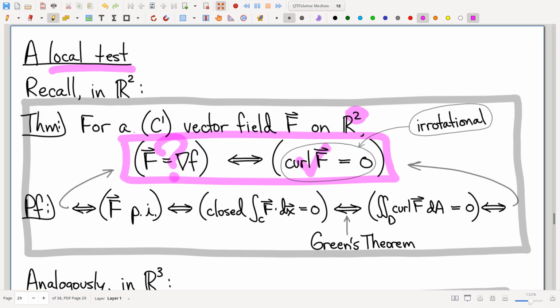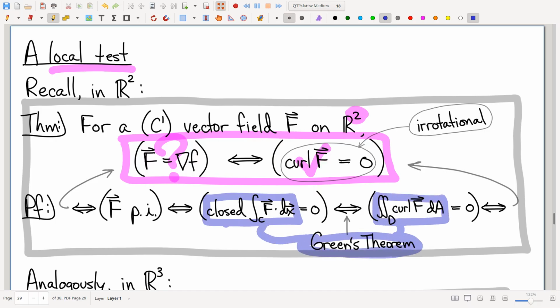And again, the thing that made this work, various observations to be made, but Green's theorem is, again, one of the critical things doing the heavy lifting, you might say, in this argument. That's the thing that allows you to take discussions about line integrals and turn that into a statement about a double integral.